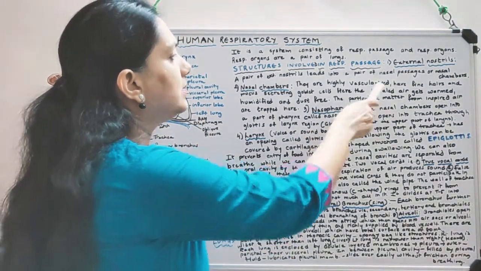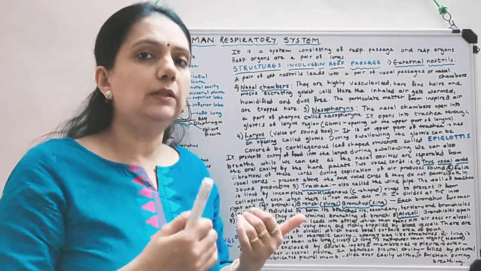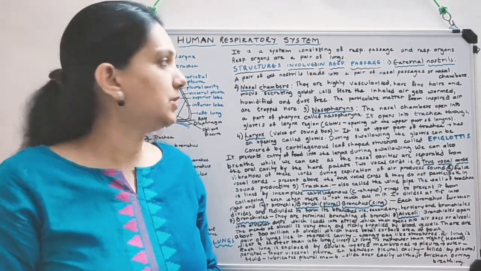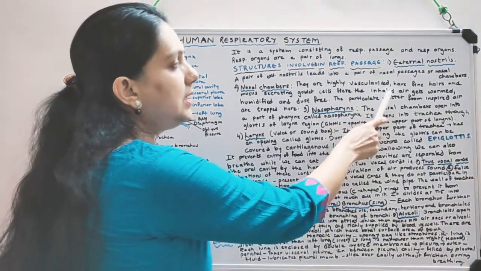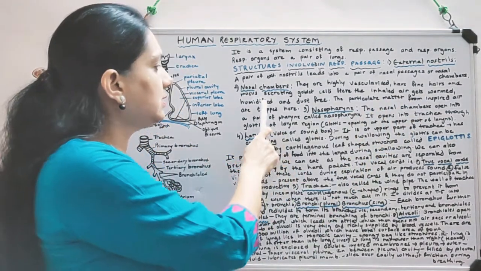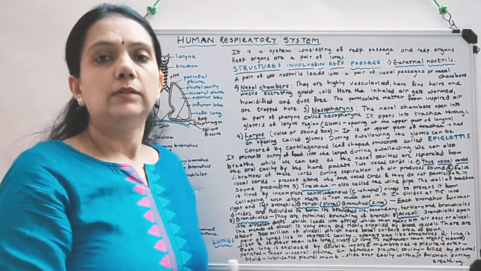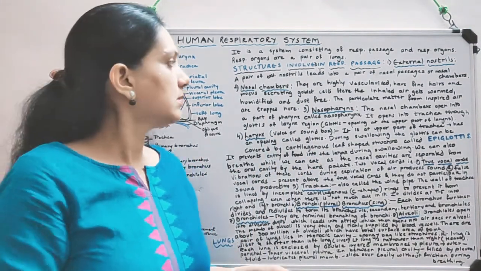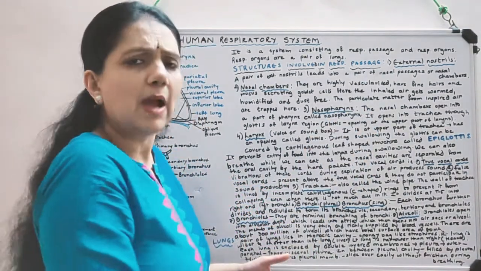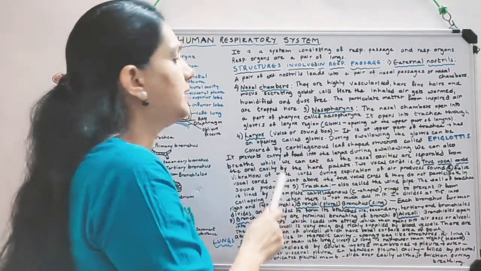Now why are these things essential? The air that you breathe in needs to be brought to body temperature. So here the inhaled air gets warmed up, it gets humidified and it becomes dust free. The mucus traps the particulate matter, the dust or microorganisms from the inspired air.